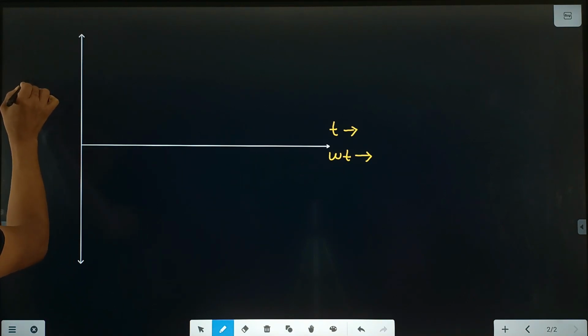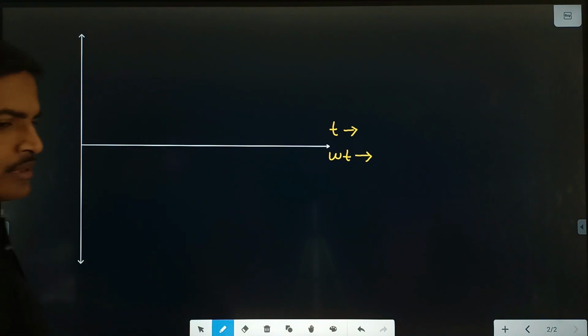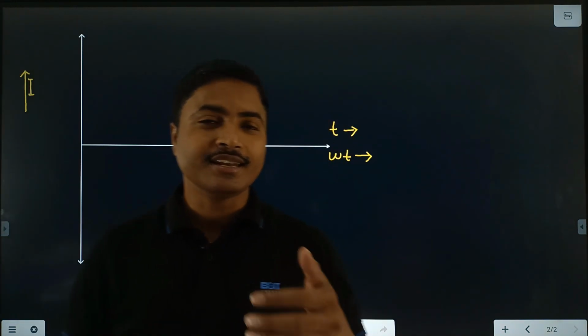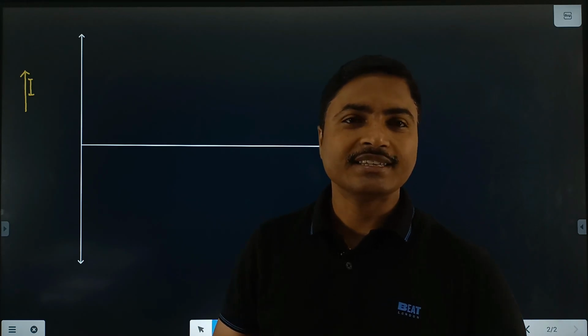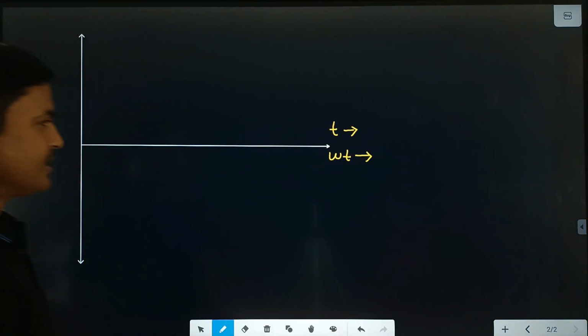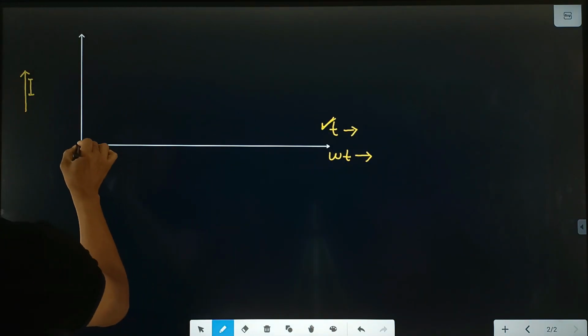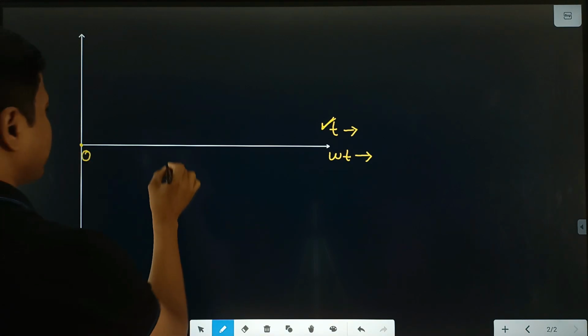In the y-axis we take the current, for current we write I. Alternating current means its direction reverses periodically and its magnitude changes continuously, so if we take time along the x-axis, this is the starting point, the initial point, we write 0.